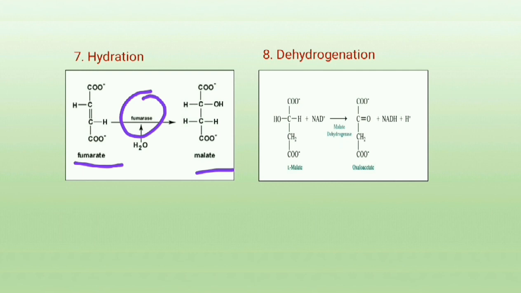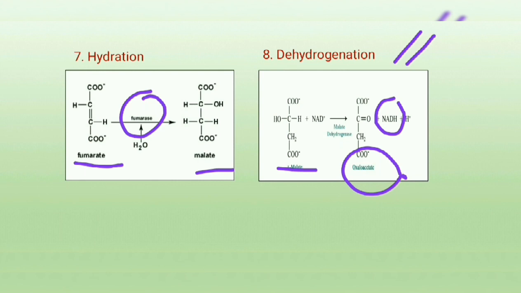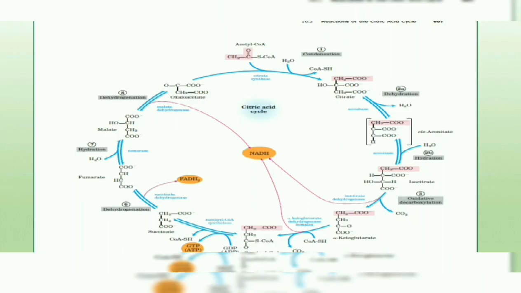And the last reaction which produces the oxaloacetic acid again, which is going to enter into the reaction, that is conversion of malate to oxaloacetate in the presence of malate dehydrogenase. And here there is a production of again energy in the form of NADH.